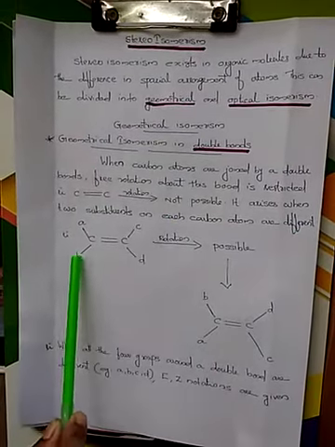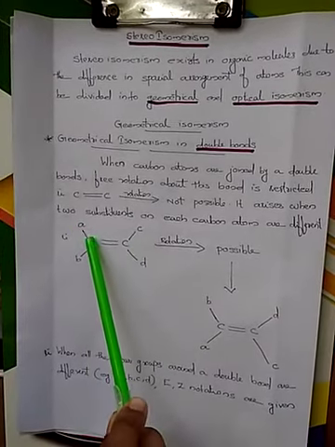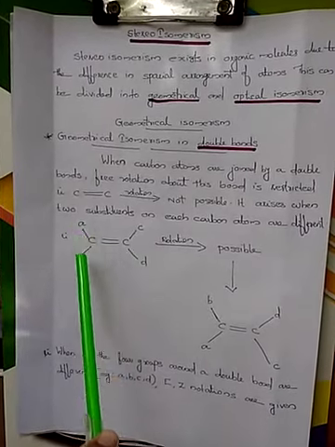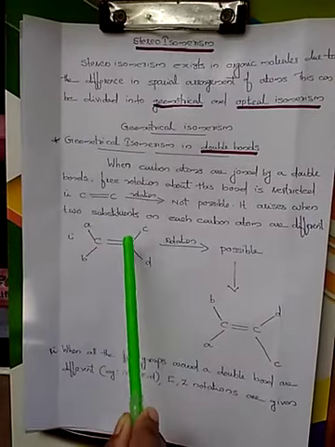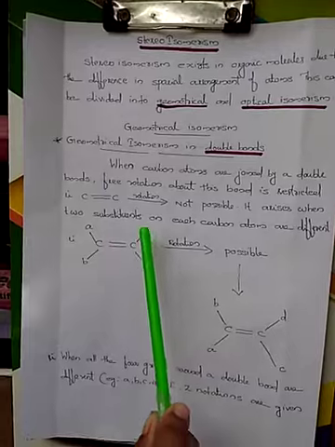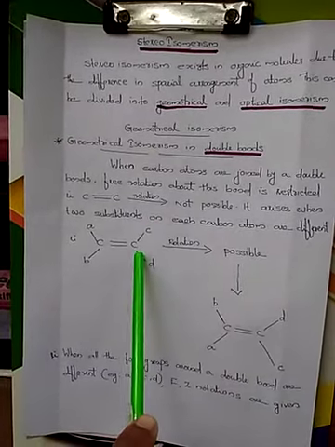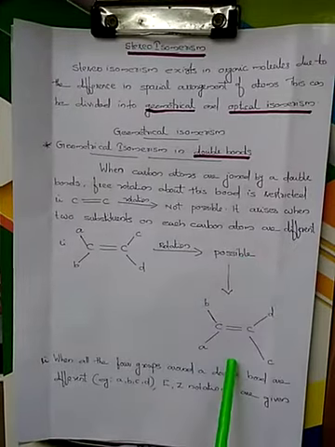We look at this example, a C=C double bond. The two valencies of this carbon atom are satisfied by two different groups, A and B. Here also the valencies are satisfied by two groups, C and D. In this instance, the rotation is possible like this.